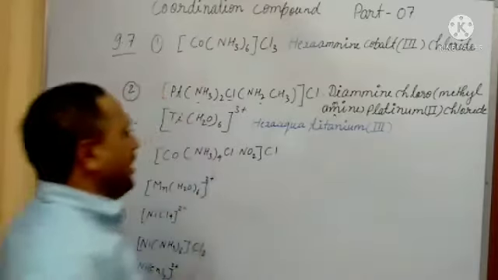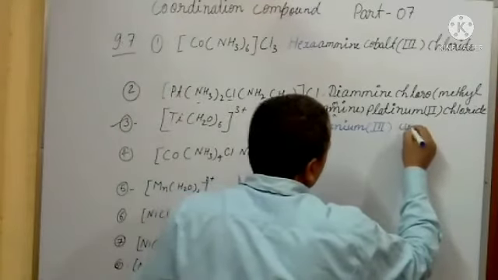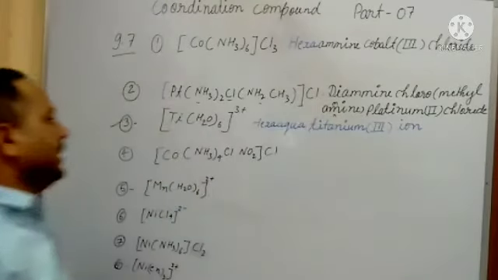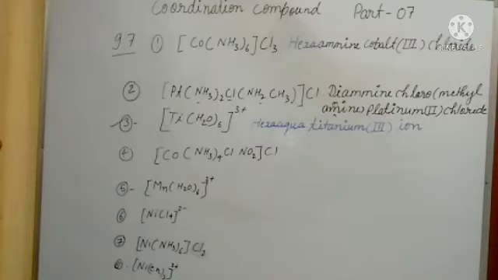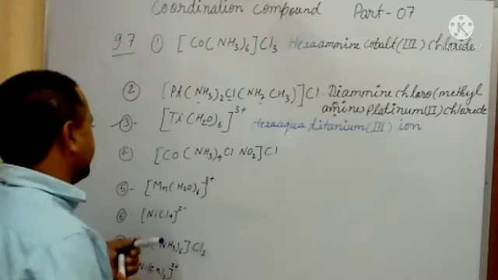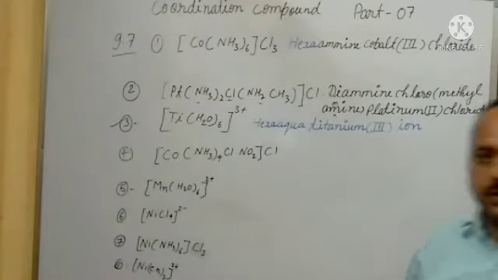This is the name of the compound. We can write iron also, no problem. If you want, we can write iron. Like this we can write hexaaqua titanium and iron. Next is the fourth one. Let us see the fourth one.